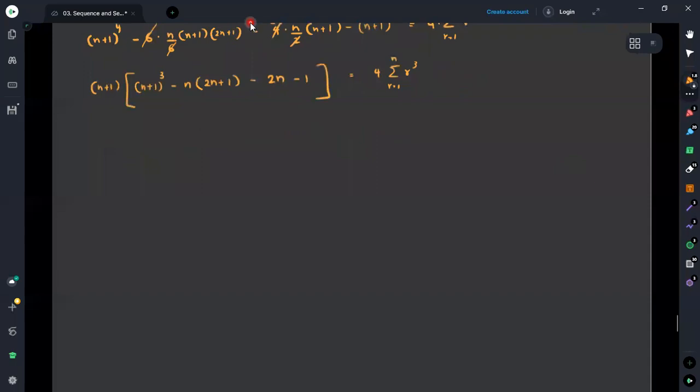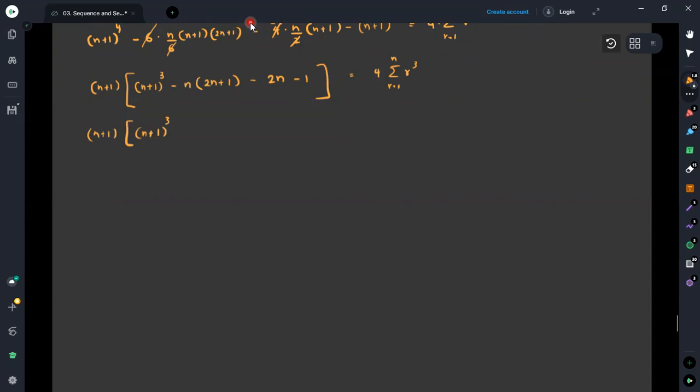Here also now we'll try to take n plus 1 out, but according to the equation we had here, we are having the multiplication of this bracket with n. We'll have that simple calculation and we'll see whether we can take another common factor out of this bracket. It is because if we expand this cube, (n plus 1) to the power 3, then it will make our calculation complex.